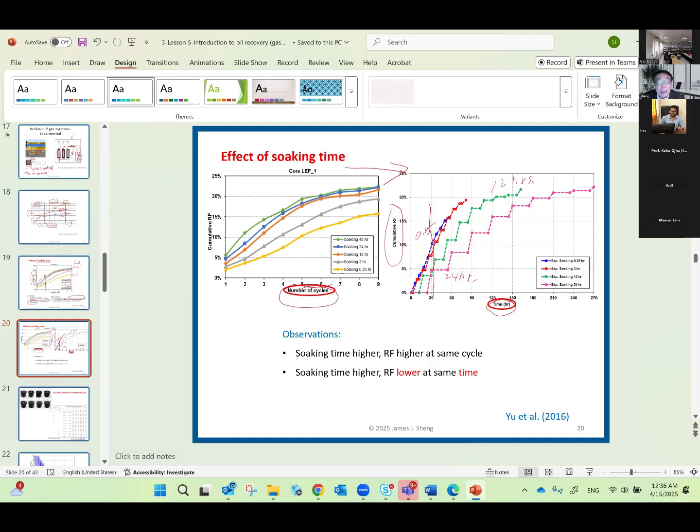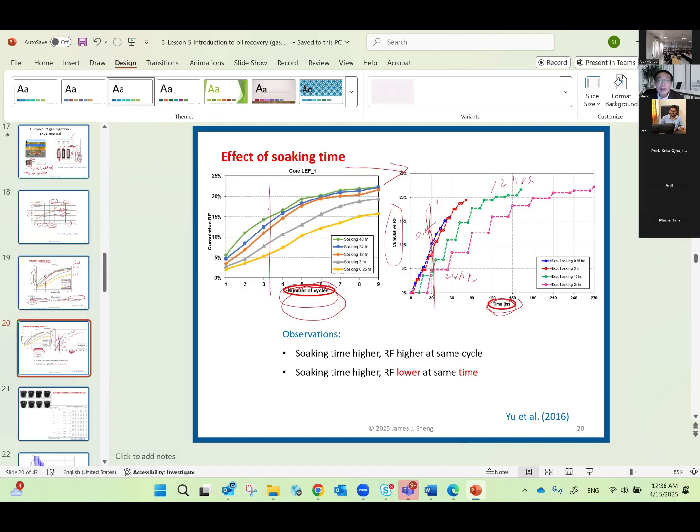At the same time, the shorter soaking time produced more oil, which is opposite to what we observed on the left-hand side. On the left-hand side, at the same cycle, longer soaking time is better. But on the right-hand side, at the same operation time, shorter soaking time is better.